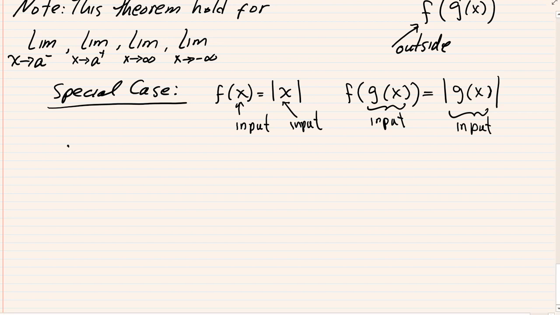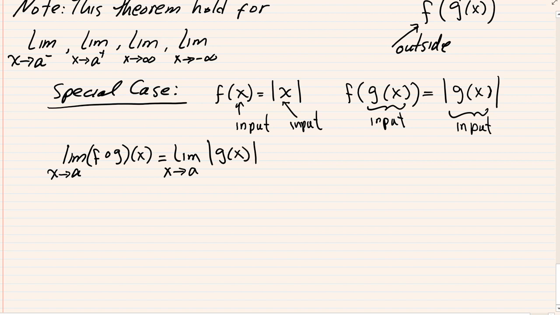Well, for the special case, we can say that the limit as x approaches a of the composition, f of g of x, see that composition, is going to be the same as the limit as x approaches a of the absolute value of g of x.